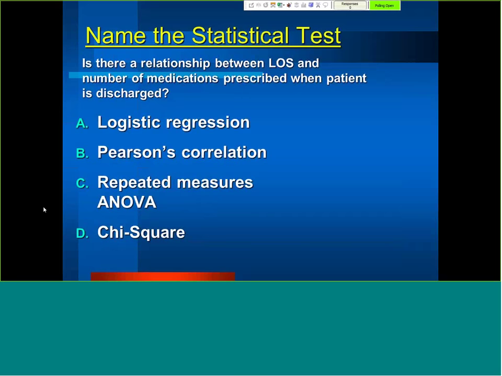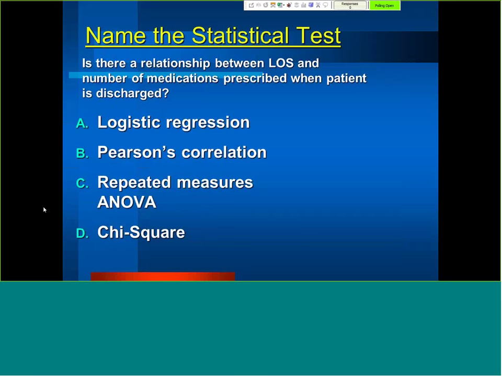Okay, is there a relationship between length of stay and number of medications prescribed when a patient is discharged? Is that logistic regression, Pearson's correlation, repeated measures ANOVA, or chi-square? Length of stay, a real number, number of medications, a real number.